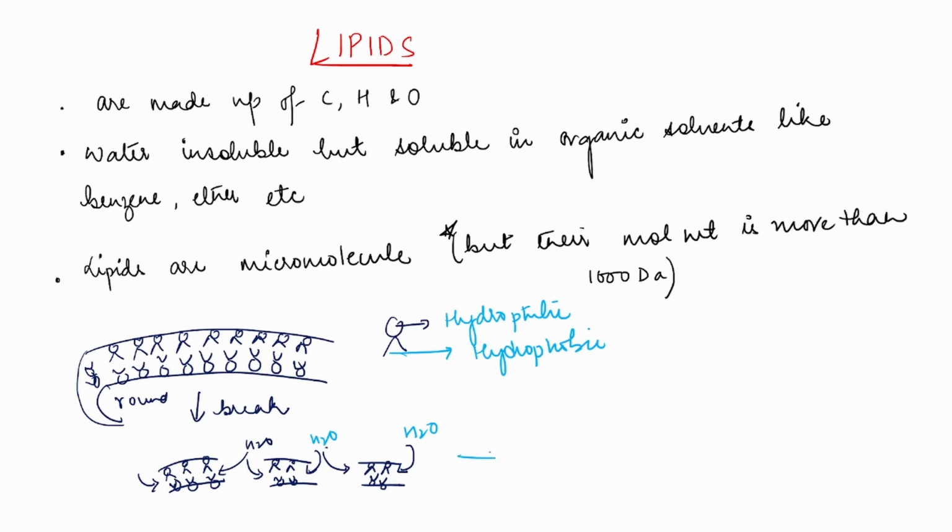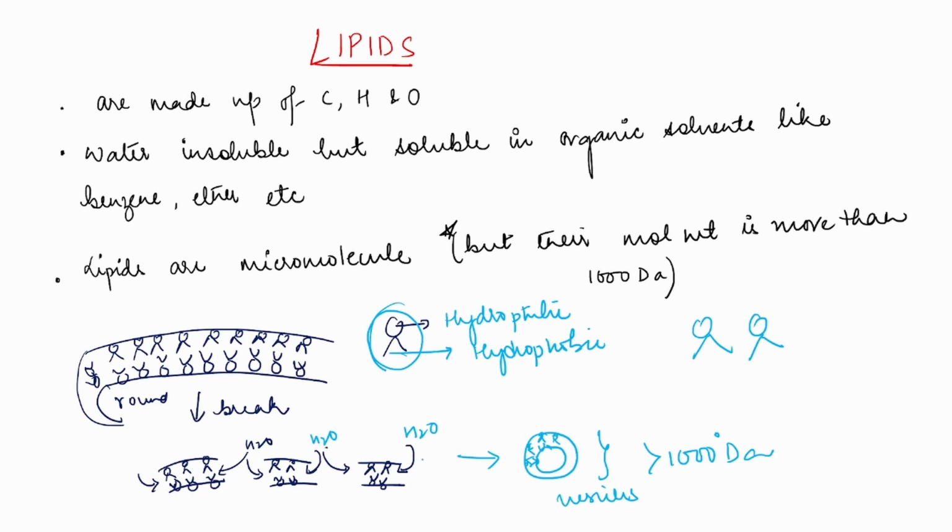So immediately they arrange themselves into a circular structure, right? Because of the formation of these vesicles, their weight is more than 1000 Dalton. As we cannot separate individual lipid molecules, their molecular weight is more than 1000 Dalton, right?